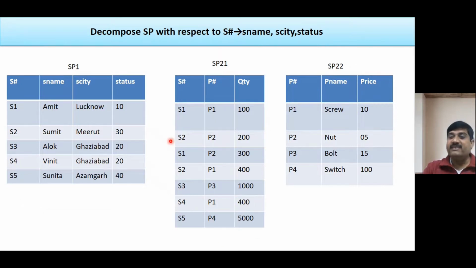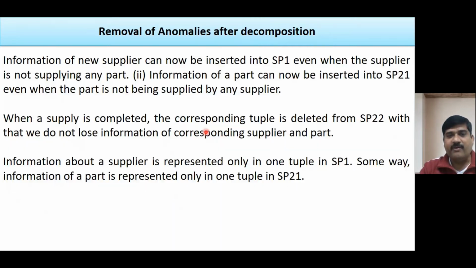Why am I saying at least in the second normal form? Because maybe these tables are in third normal form. Why? Because I am not checking the constraints of third normal form. So all these three sub-relations are at least in second normal form.